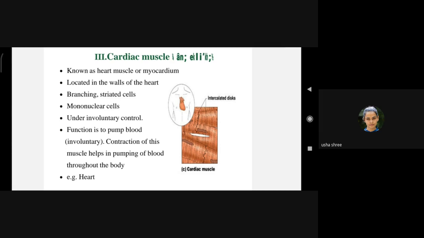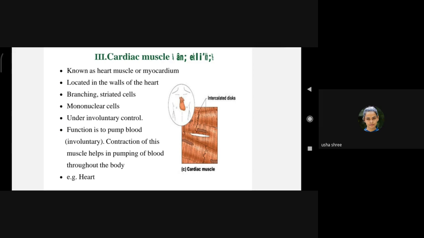Striated means a long strip structure can be found in the wall of muscles. So this is under involuntary control. Obviously, we can't control our heartbeat.